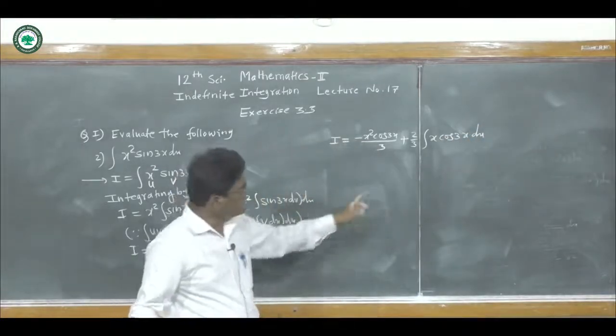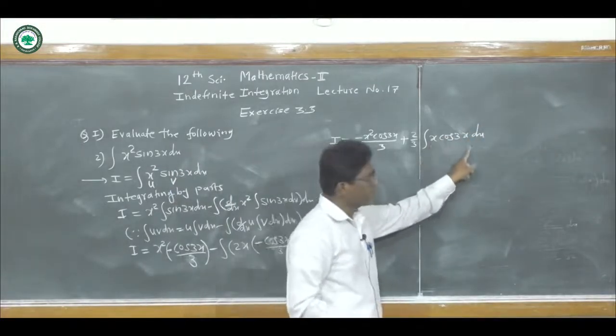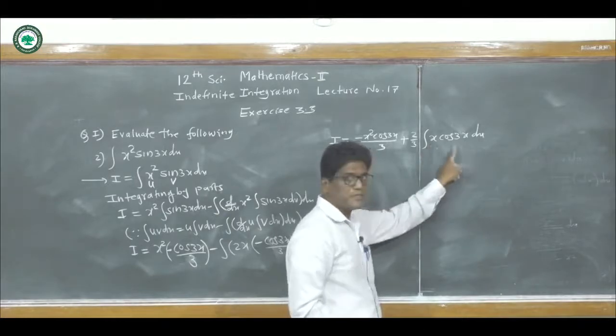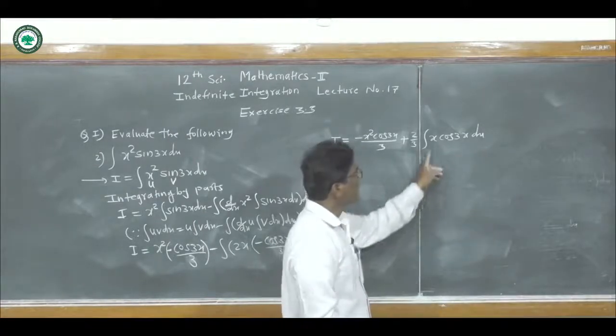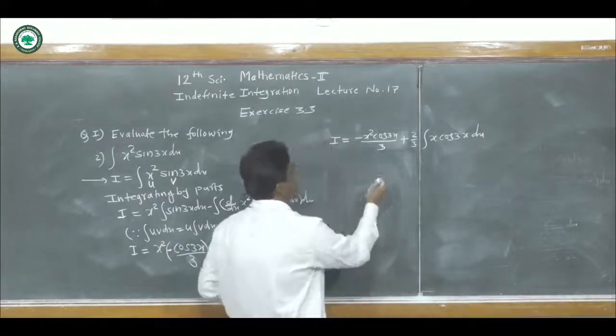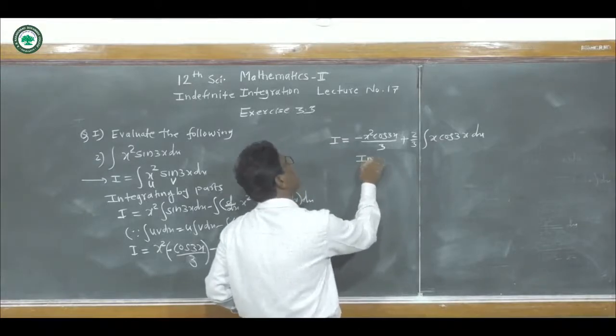Now here we have to take the integration of x cos 3x dx, meaning here again there is a product of two functions. So use here the uv formula, integration of uv dx. Again integrate by parts.